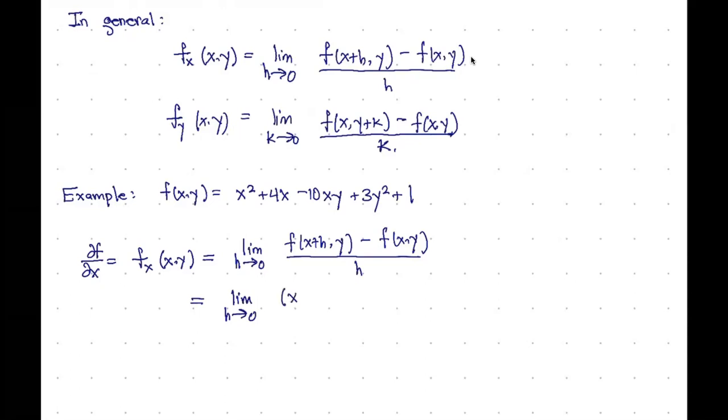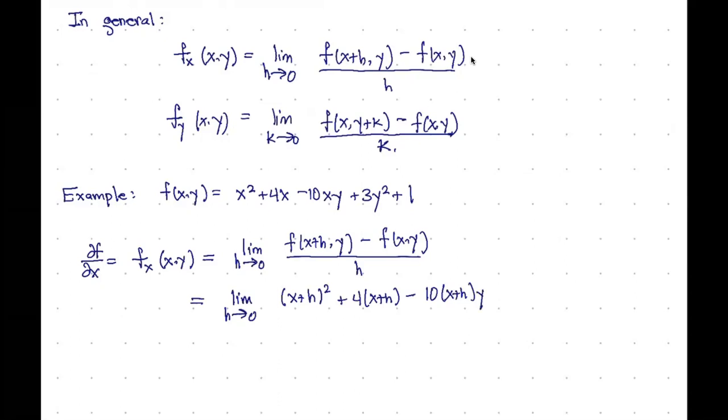So we would get (x + h) quantity squared, plus 4 times (x + h), minus 10 times (x + h) because x is the variable that is being changed, but y is the variable we're holding fixed.